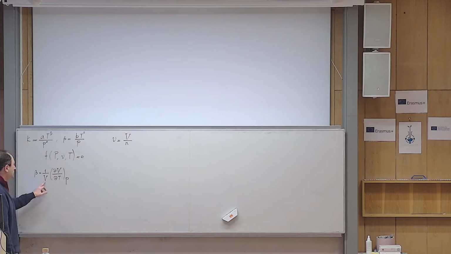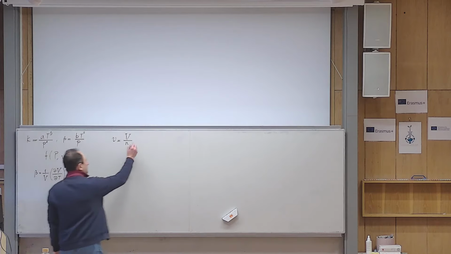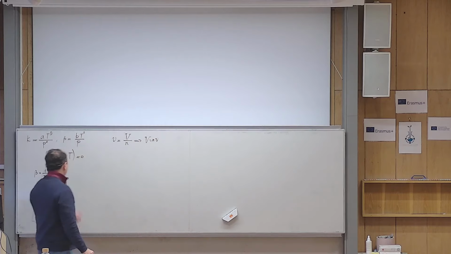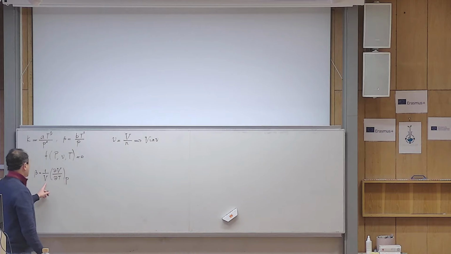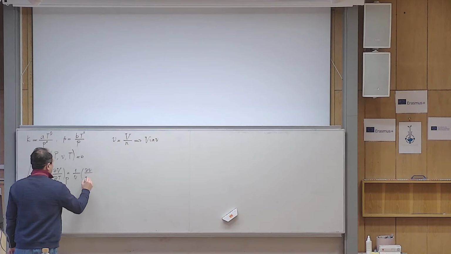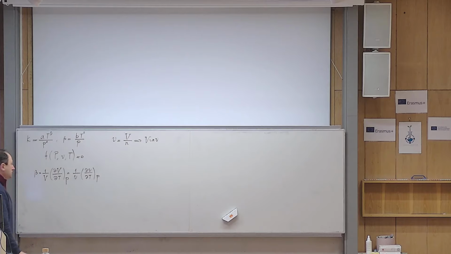Of course here this is the volume, but I can rewrite this in terms of the molar volume, because the volume becomes N times V, and if I put N times V here and N times V there, these N's cancel, so this can be written as 1 over V partial derivative of V with respect to the temperature when the pressure is kept constant.